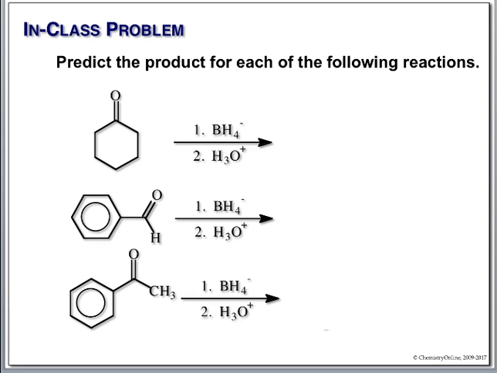All we have to remember here when we're doing reductions is that we're going to add H- to the carbonyl carbon and make it an alcohol. That means that cyclohexanone, we're going to add H- right here and simply make cyclohexanol.